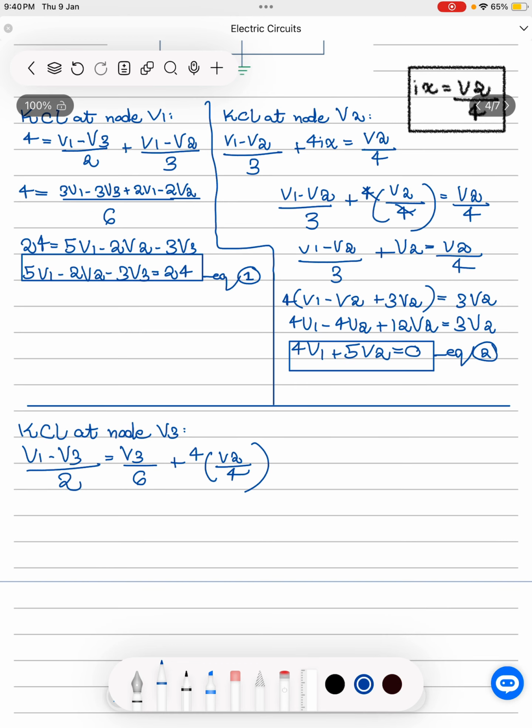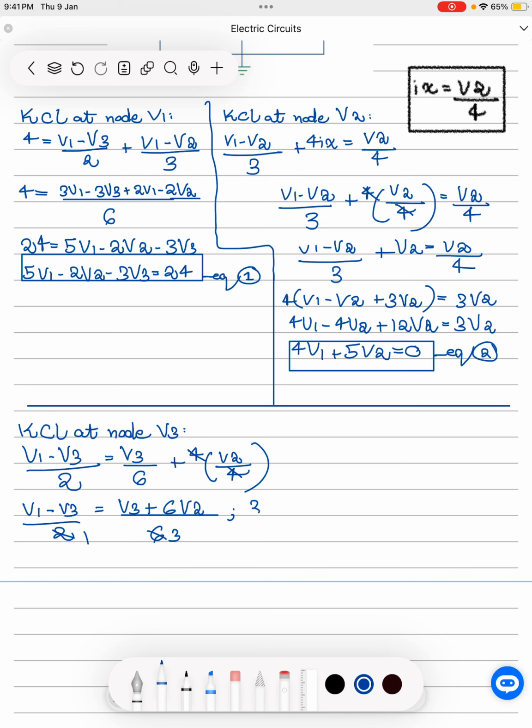Alright, now let us simplify this. This would be (V1 minus V3) by 2, and this cancels out. This would be 6 and V3 plus 6V2. 2 ones are 2, 2 threes are 6.